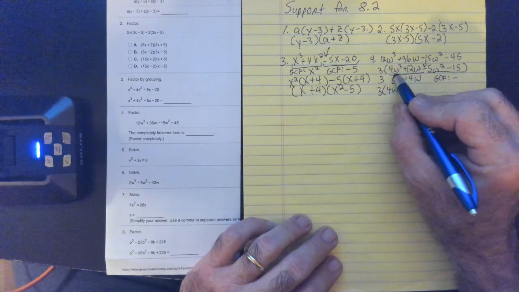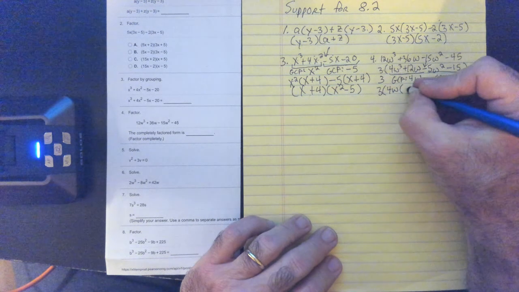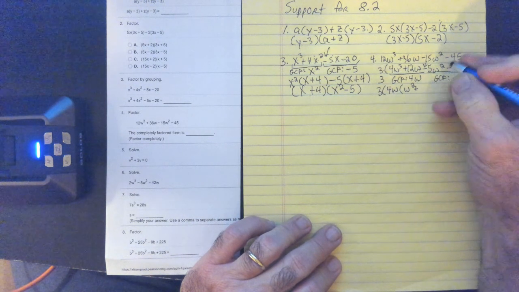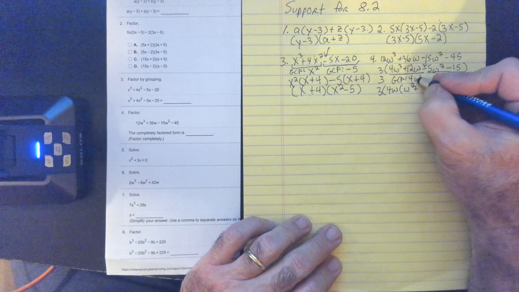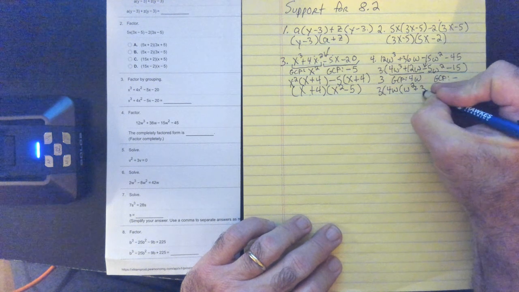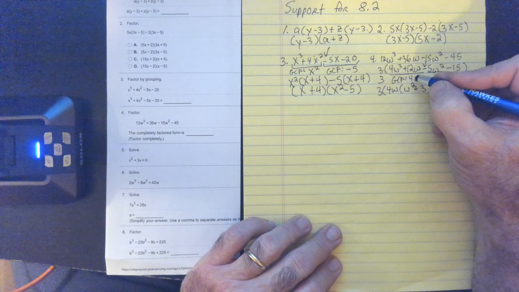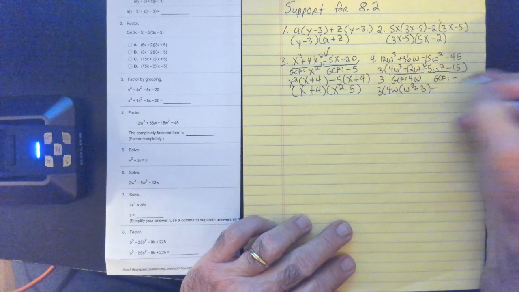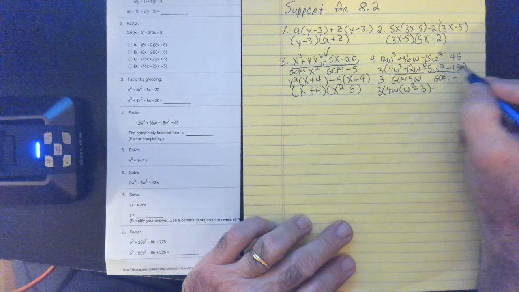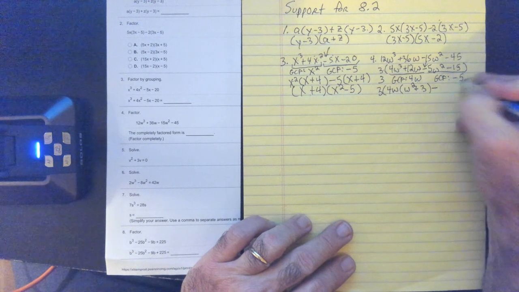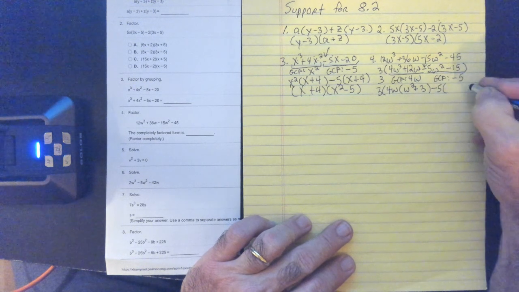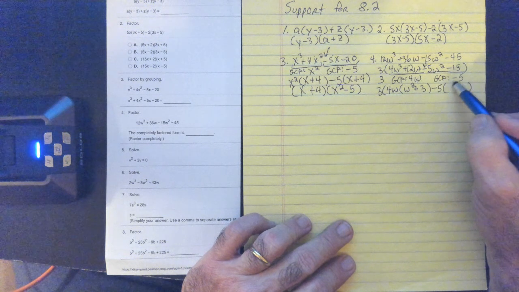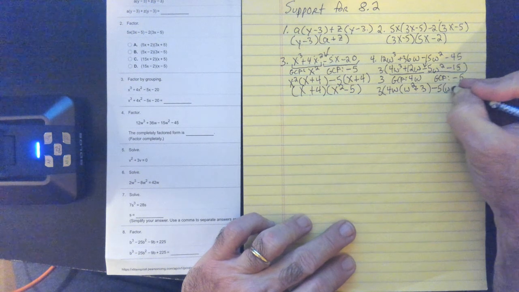So 4w to the third divided by 4w leaves me a w squared, plus 12w divided by 4w leaves me a 3. Alright, second GCF was negative 5, w squared and 15, both have a 5, so I'm going to bring down that negative 5 and then put parentheses. Negative 5w squared divided by negative 5 leaves me a w squared.